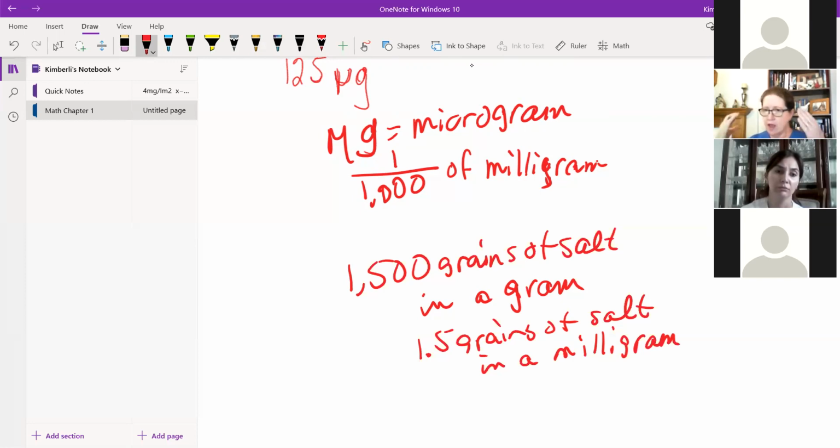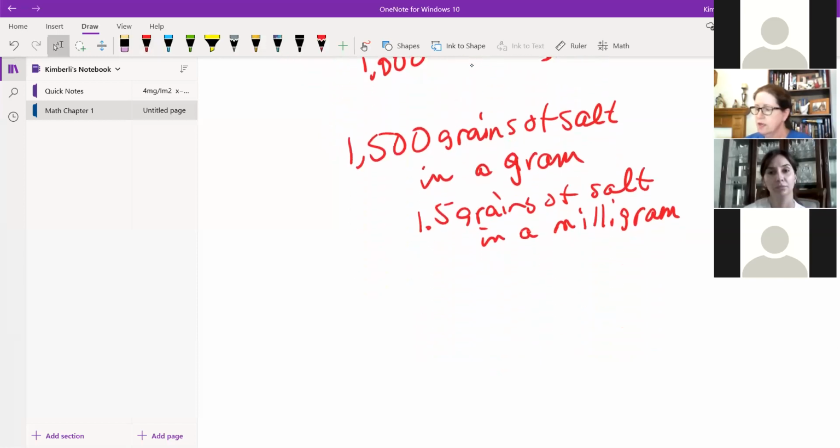So now we have a visual comparison in our mind, right? For me, I think that was helpful because when we think about milligrams, that's how tiny they are. But if you put that 1.5 grains on your tongue, you can taste it. It has an effect on your body, right? So when we're talking about very powerful drugs, some drugs are so tiny that 1.5 grains of salt is the same thing as 1,500 micrograms.